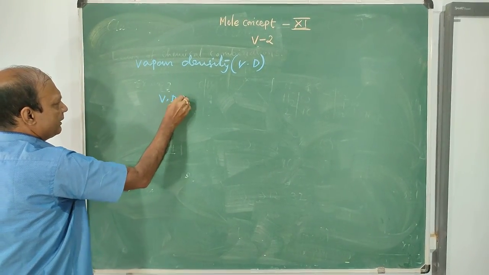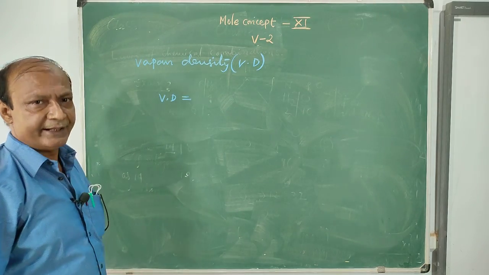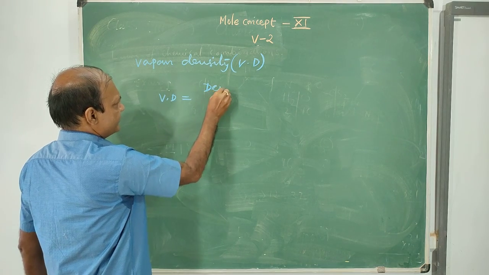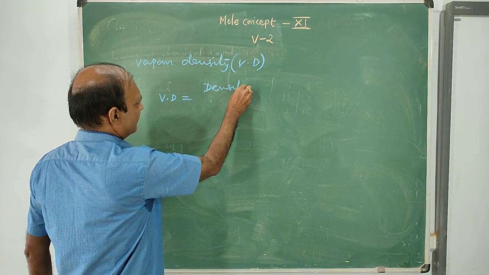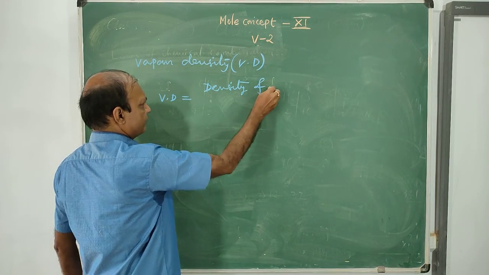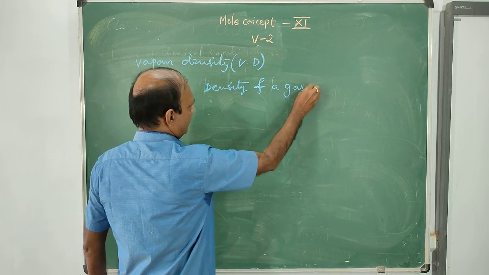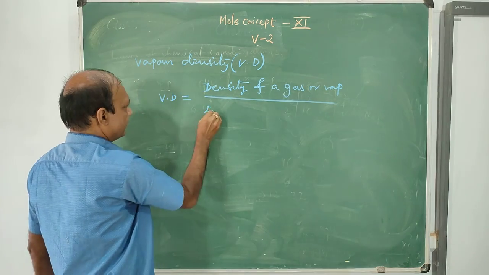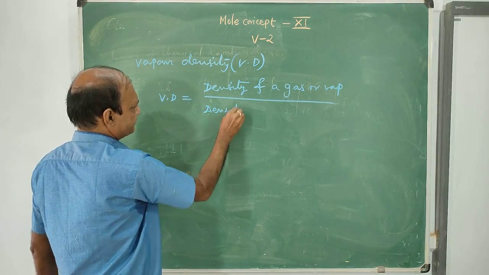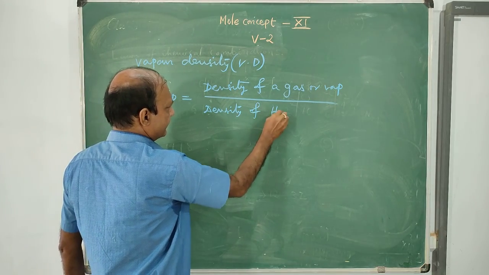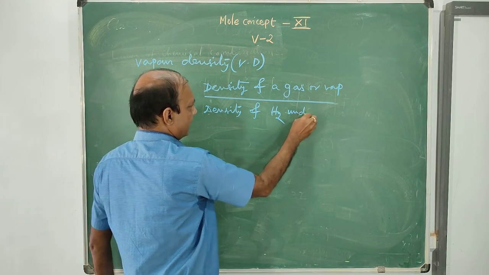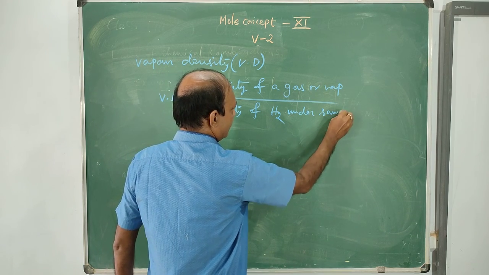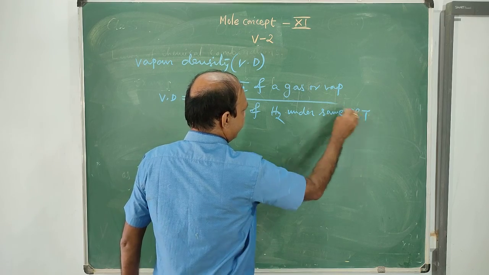Vapor density is a ratio of the density of a gas or vapor to that of density of hydrogen under same pressure and temperature.